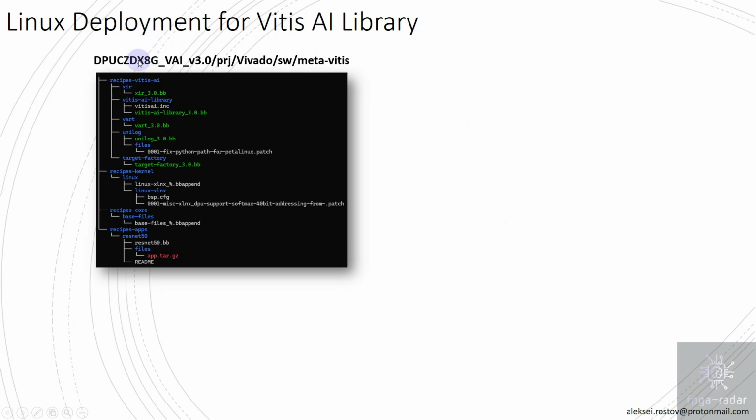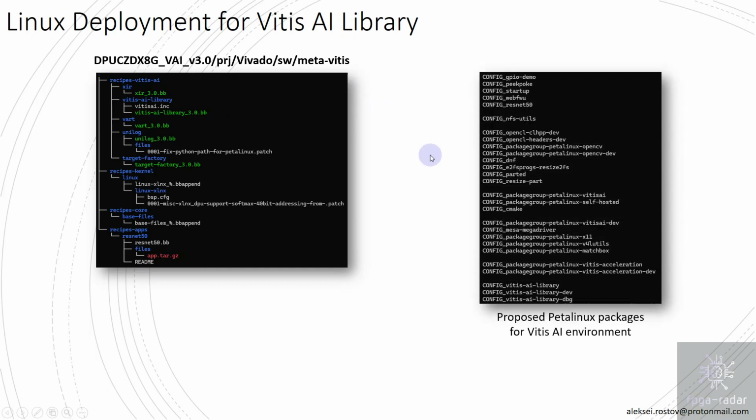This is the archive for the DPU IP core, and in the archive can be found the folder project Vivado software meta Vitis with all necessary recipes that should be copied into your PetaLinux project. Afterwards, via the configuration file, all these packages should be enabled.